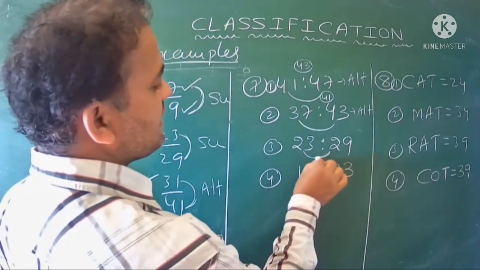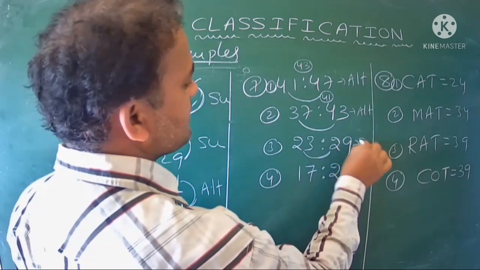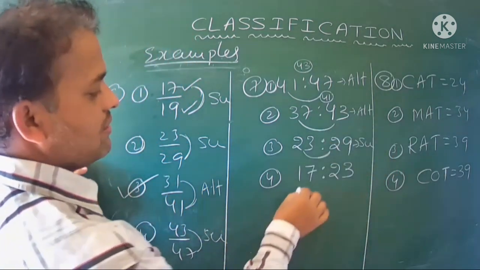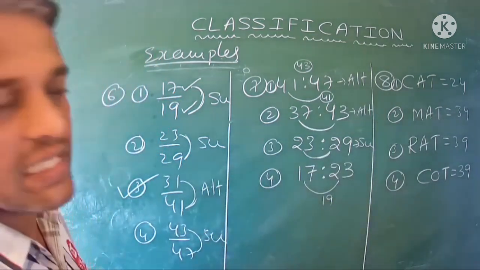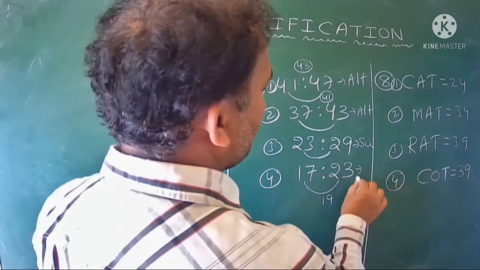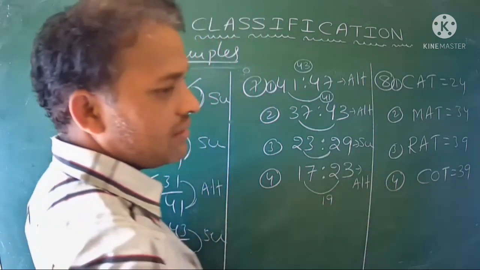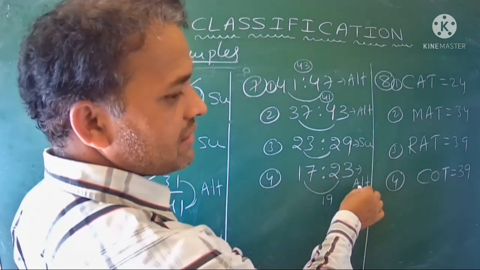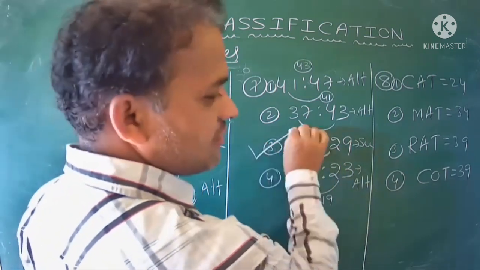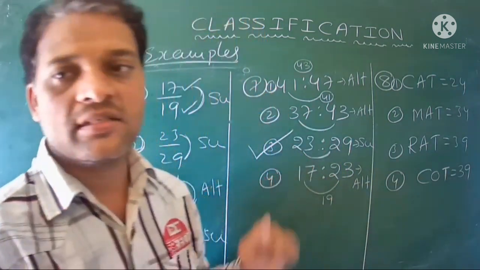If it is 23 and 29, there is no missing one, so this is called successive prime numbers. 17 and 19, 23 means 19 is missing, so this is called alternate prime numbers. So here three are alternate prime numbers and one is successive prime numbers. So that answer is 3.